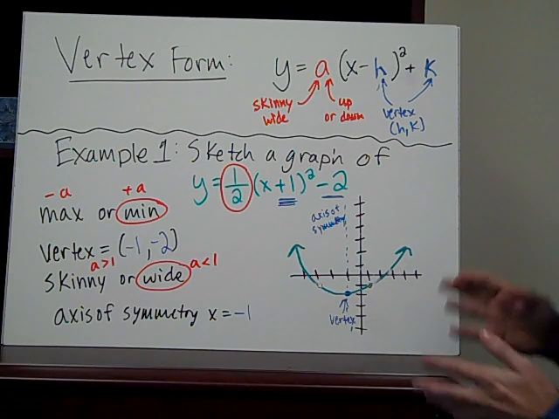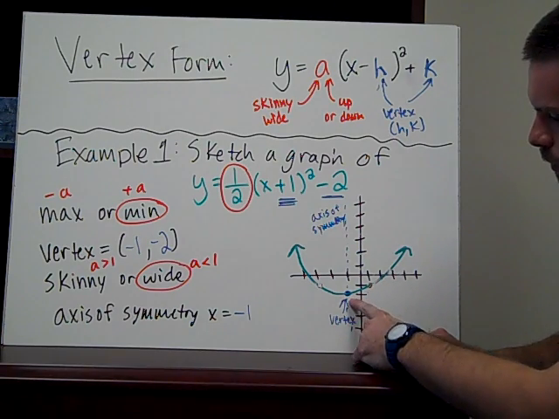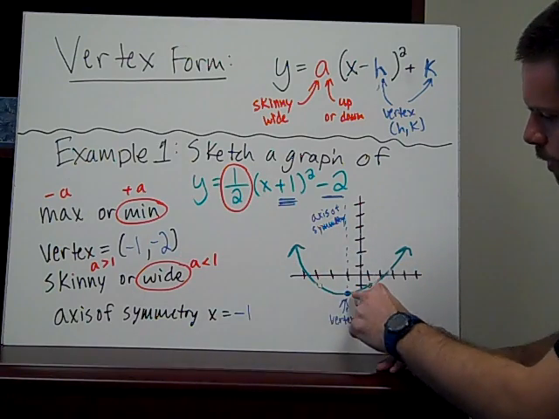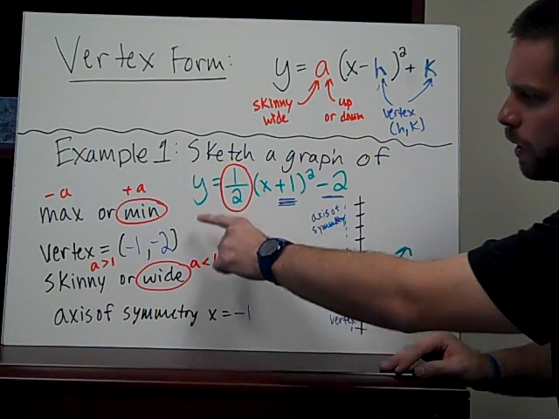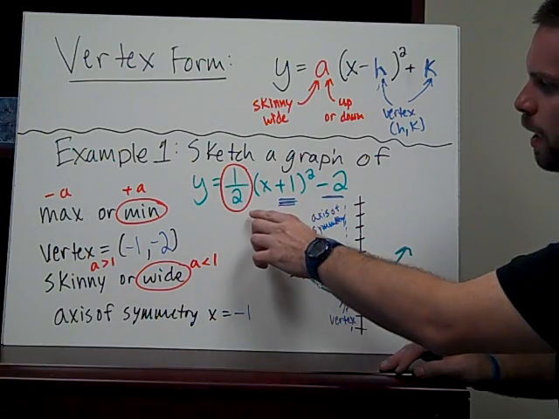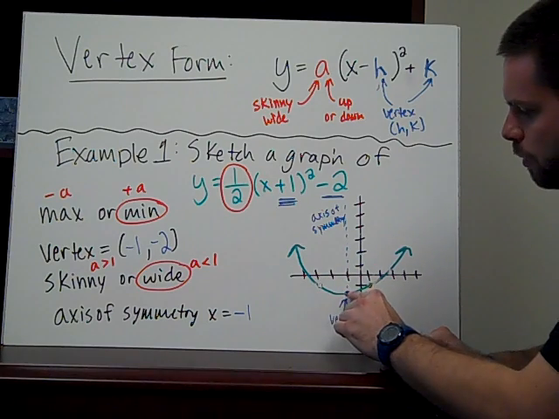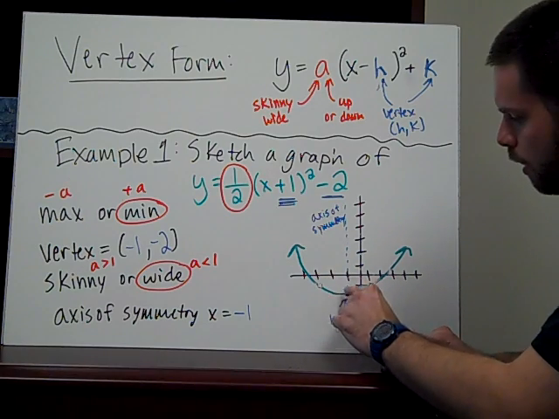Looking at the graph, our final answer is just the graph. We plot our vertex right here, that's (-1, -2). Then, just to get a sketch, again this is not a perfect graph, we use the 1/2 as an idea of where our first points will be. So we go up 1 over 2, up 1 over 2.